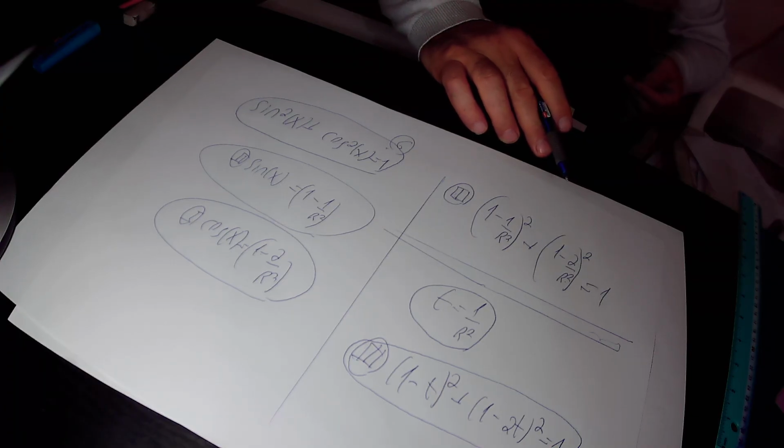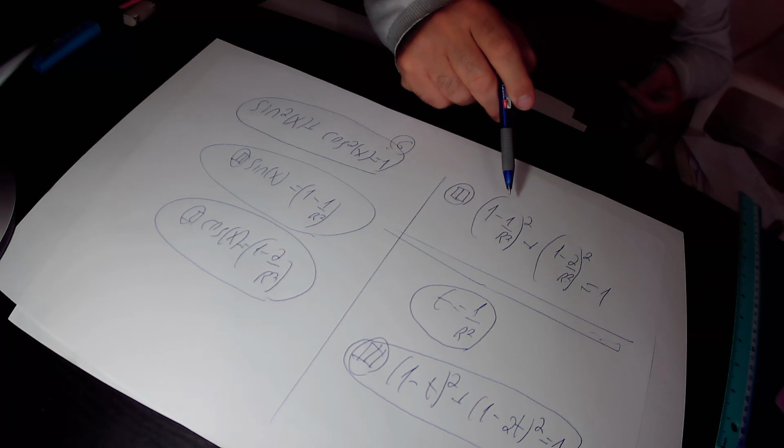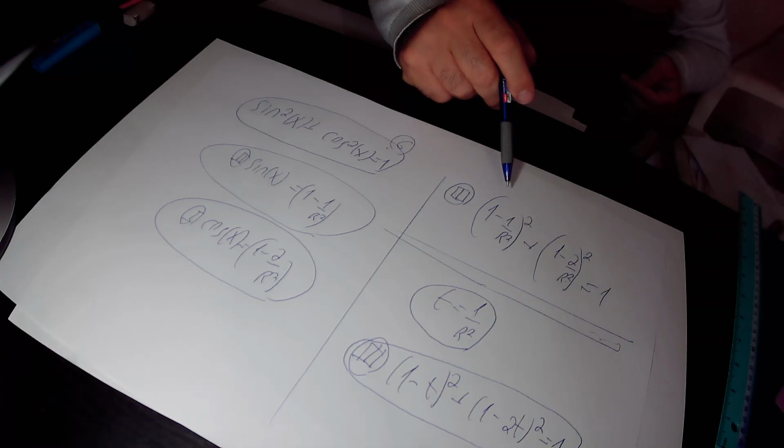In the next step, we defined t as 1/r². Again, t equals 1/r² according to our definition, and therefore we can substitute 1/r² in this equation by t.